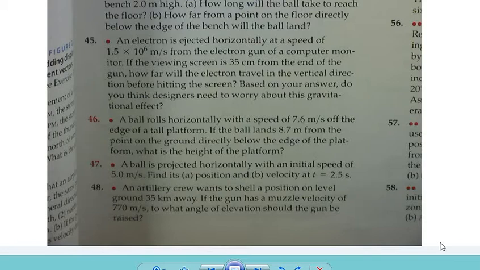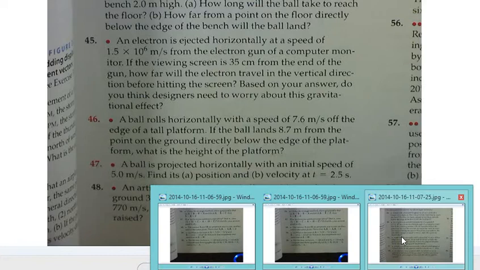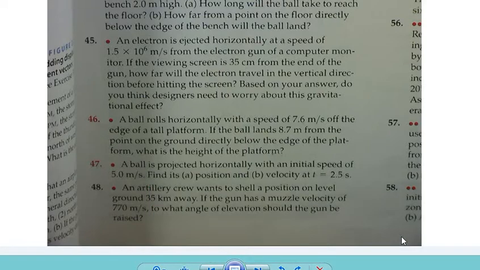Okay, so I'm going to draw my picture first, right? So the ball rolls here. Let's do this. The ball rolls off of the platform. So this is the ball. What was that velocity? 7.6 meters per second, right?